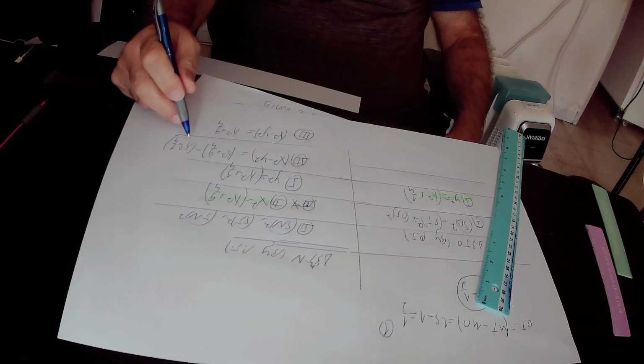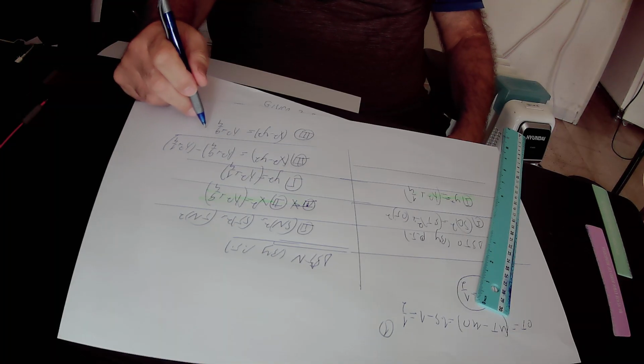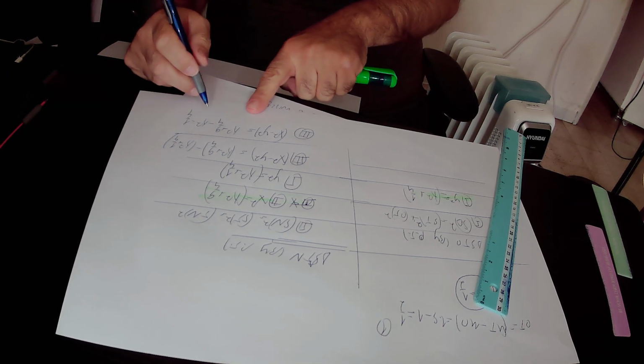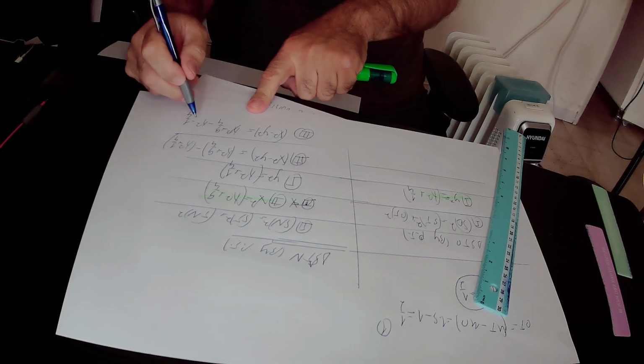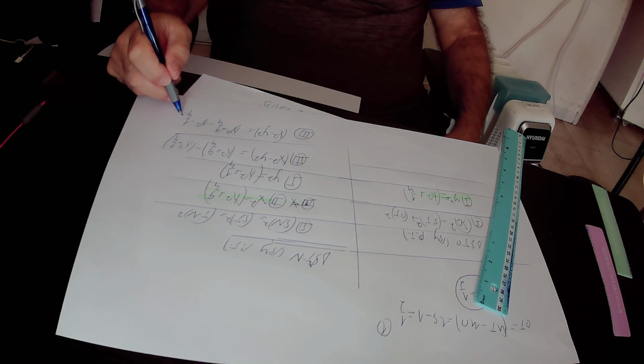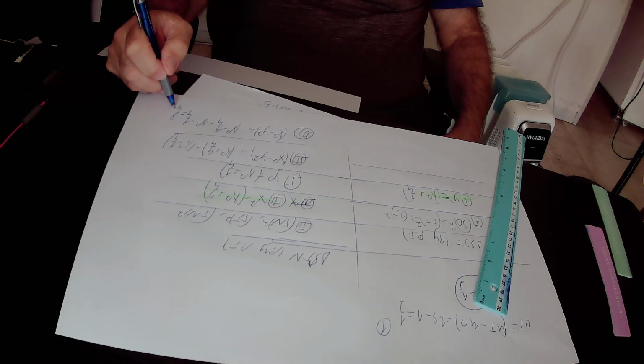After opening the brackets, what do we have here? Minus h squared minus 1 quarter. So h squared minus h squared is 0, and 9 quarters minus 1 quarter is 8 quarters, which is 2.